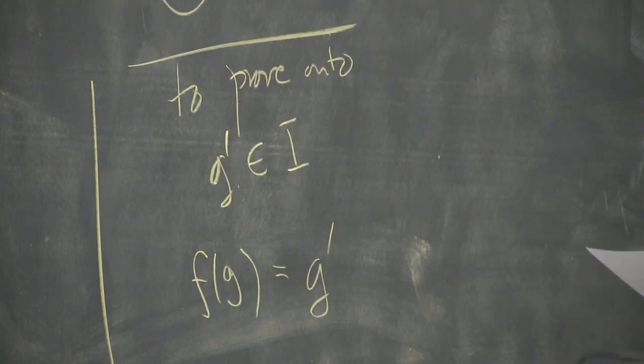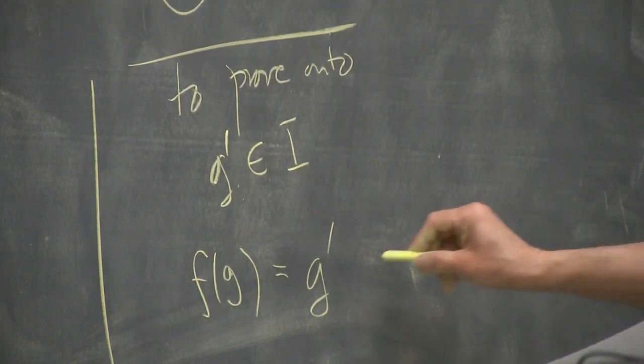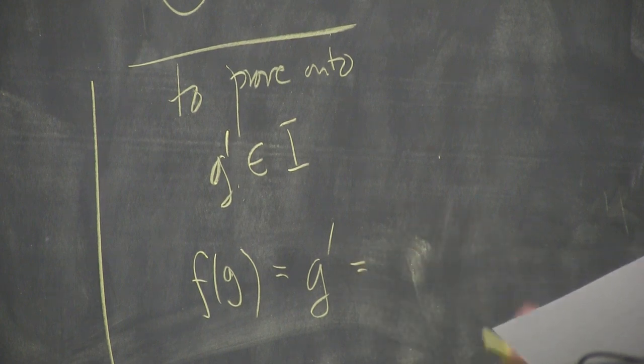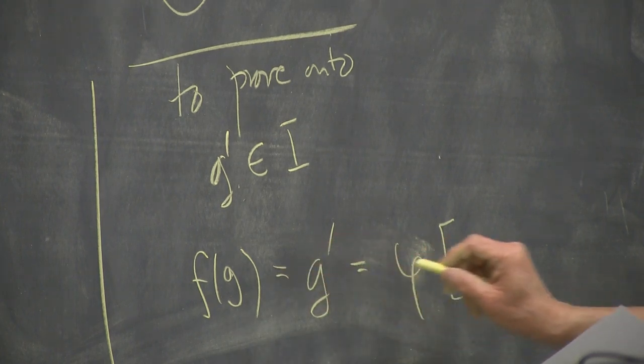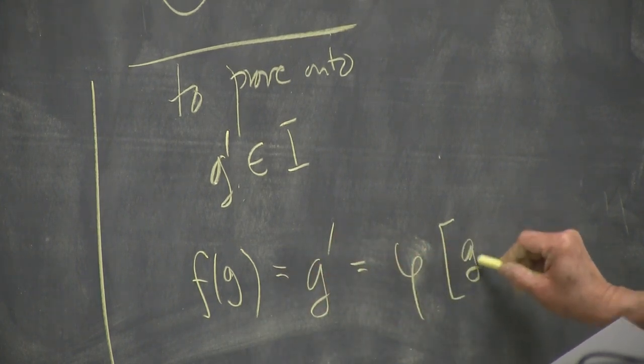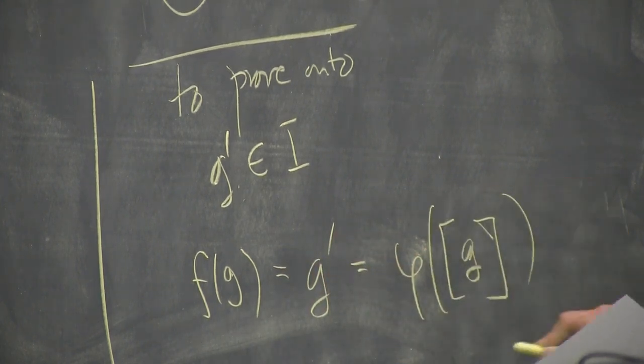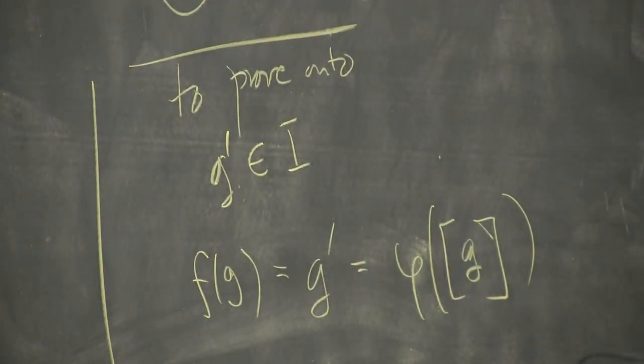Okay? But by the definition, F of G is phi of the bracket of G, by the definition of the map phi. Okay?